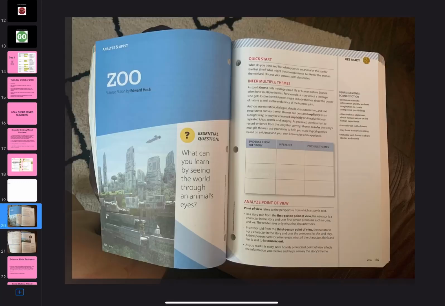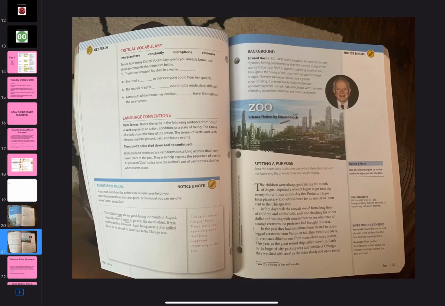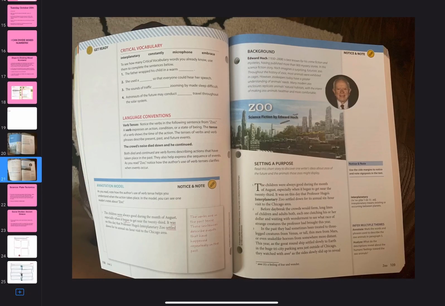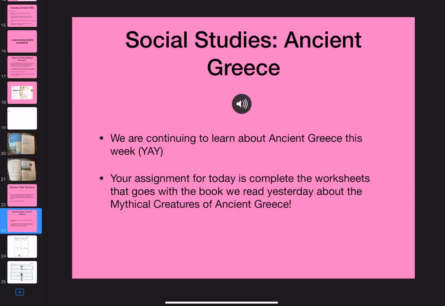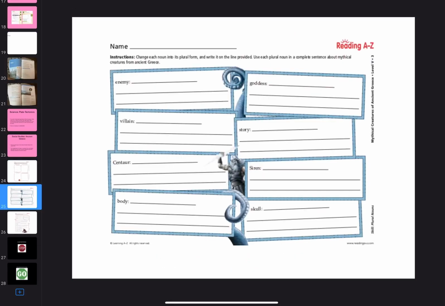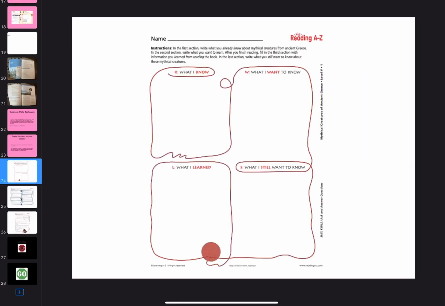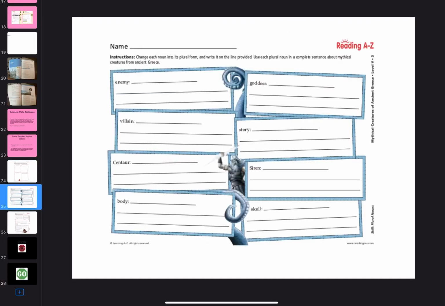Then you're going to move on to ELA, and here's the textbook, and this is where your assignment comes from. Science, there's a Brainpop video and a quiz. Social studies, your assignment is to do the worksheets that go with the book. And then I have a picture of those worksheets. So if you want to do them on here instead of on Google Docs and screenshot them, that's totally fine.